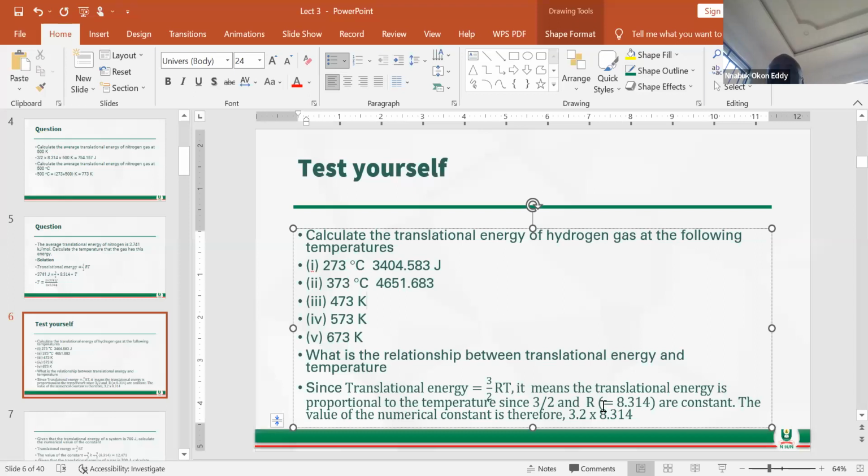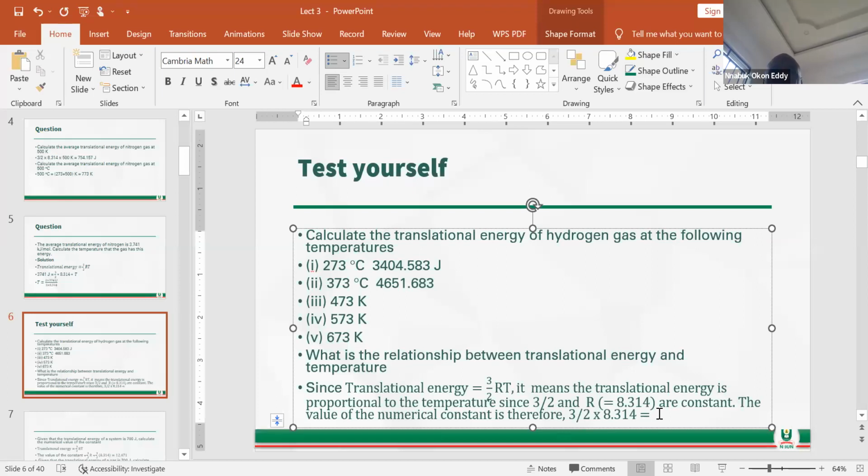Since 3/2 and R are constant, the value of the numerical constant is therefore 3/2 times 8.314, which is what? Sorry, that should be 3/2, not 3.2.